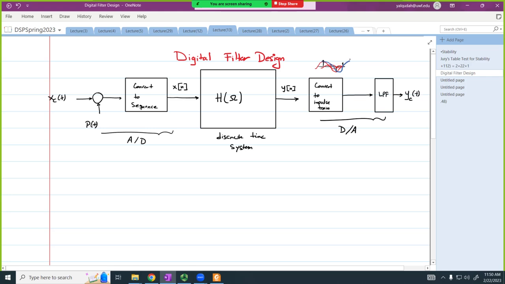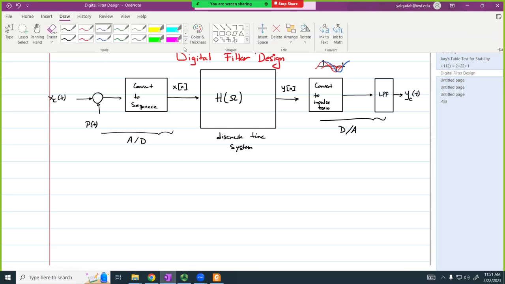Is that clear? Makes sense? So this is just a representation of what's happening. We have a sequence. These are numbers. How do I convert it to a continuous time signal? I generate an impulse train, then I filter it, and that will give me a continuous time signal that I'm going to call y continuous.